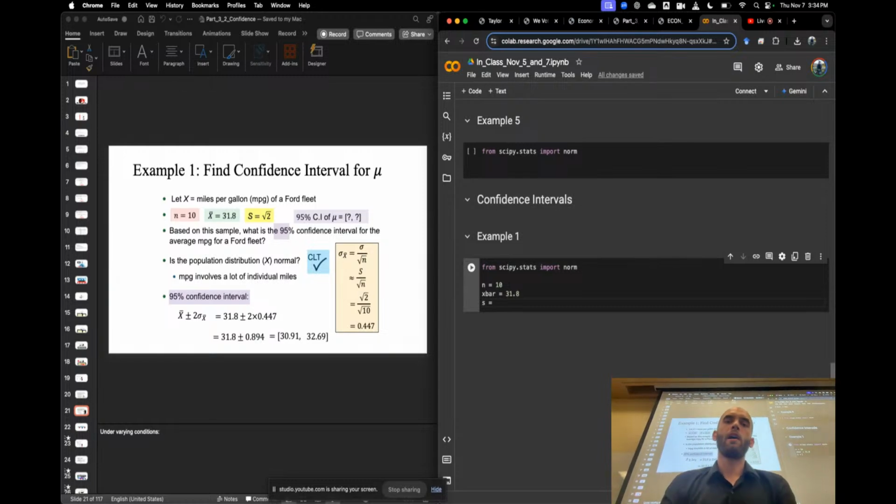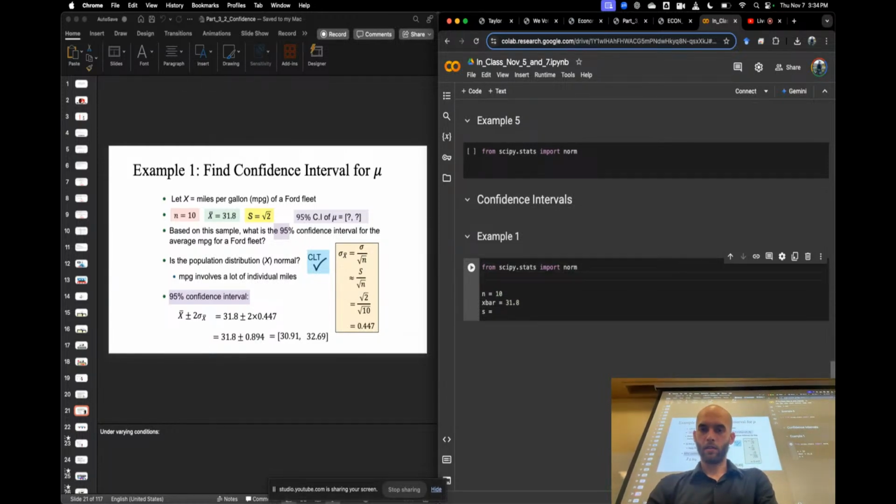So let's make sure we import NumPy. NumPy is just the Python numbers package, and we always call it NP just to be short.